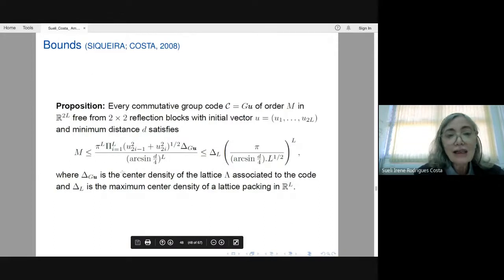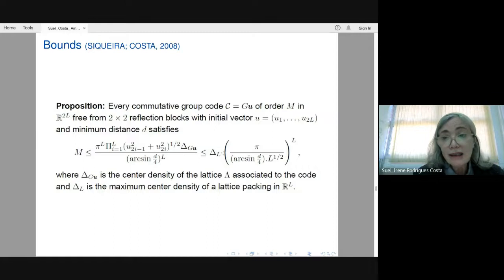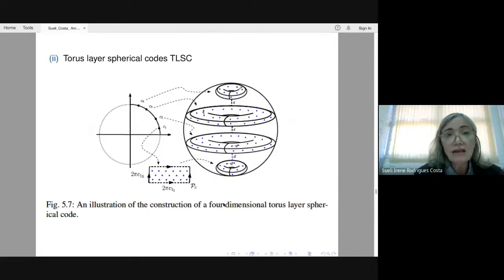Okay, and then we can say that for commutative group codes, which have a hard algebraic structure, the number of points for a fixed distance D will be smaller than this number here, and this has to do with the best packing density in the dimension L, right? Just to see how we can relate this.